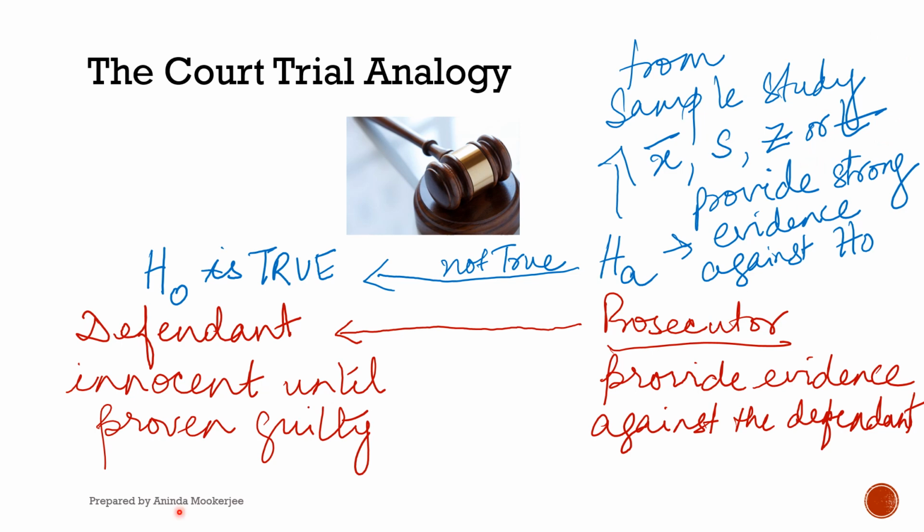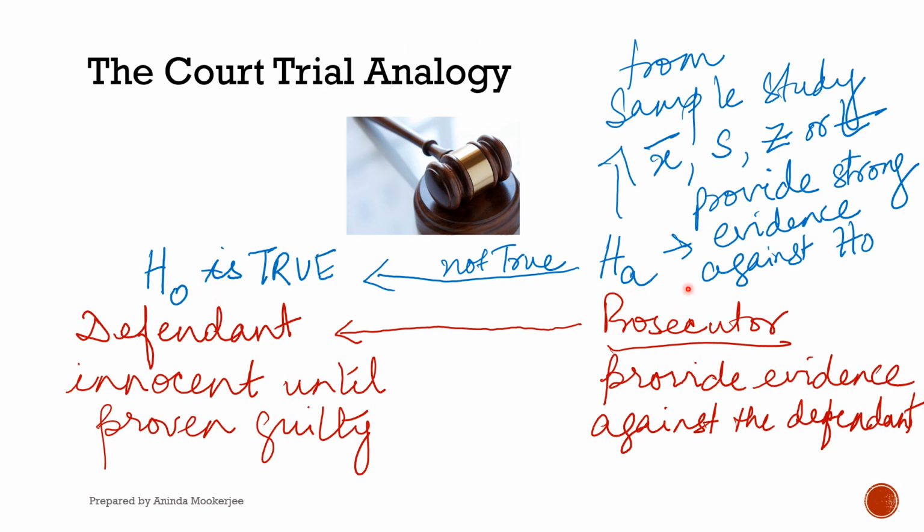So keep this analogy in mind, that the null hypothesis should be treated as a defendant, that the null hypothesis is true. To begin with, we always assume that the null hypothesis is true when we go into performing the hypothesis test. And then the alternate hypothesis is contesting the null hypothesis.